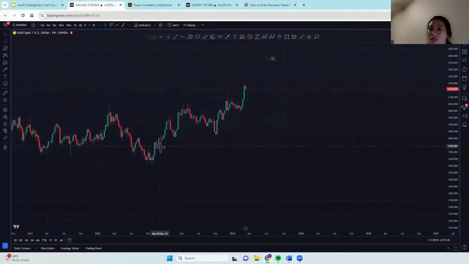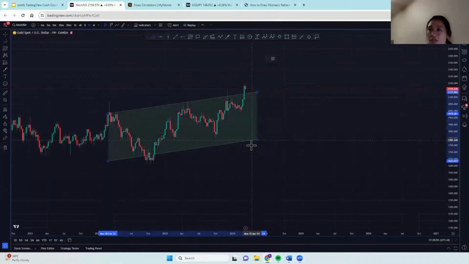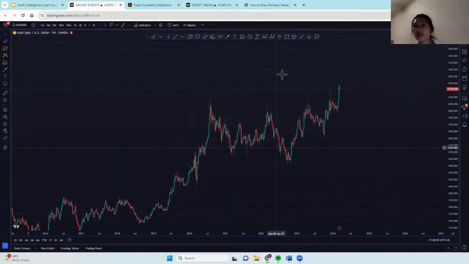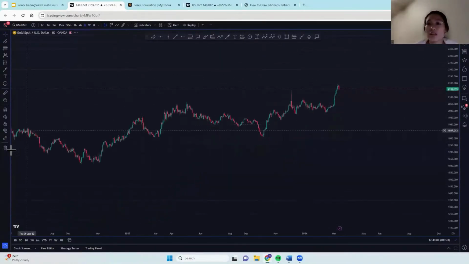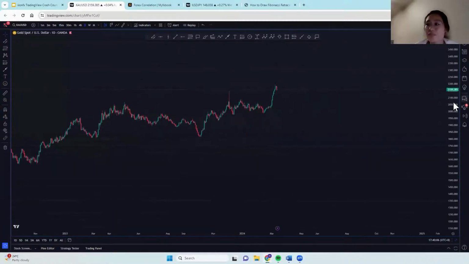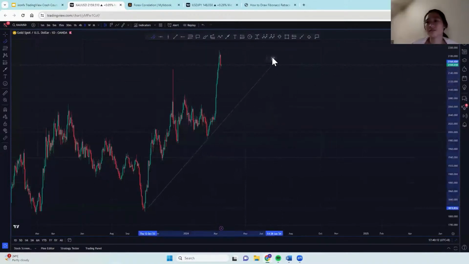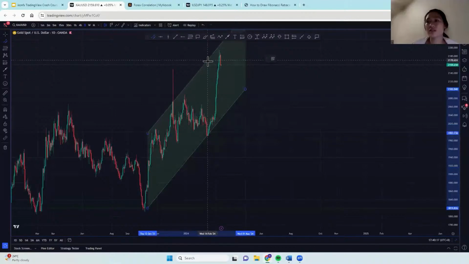Okay, so let's start off by seeing if we have any trend lines or trend channels. Okay, I don't think so, but we do have an ascending, or rather an uptrend here. And on our daily time frame, okay, we'll do the same thing.